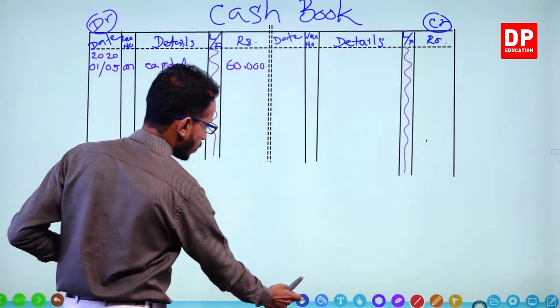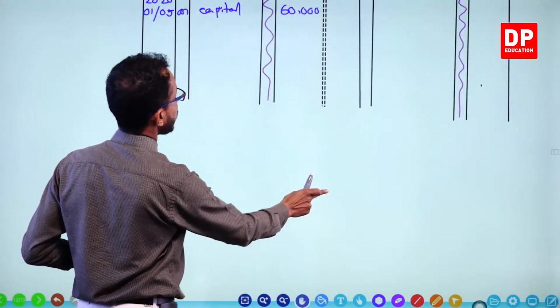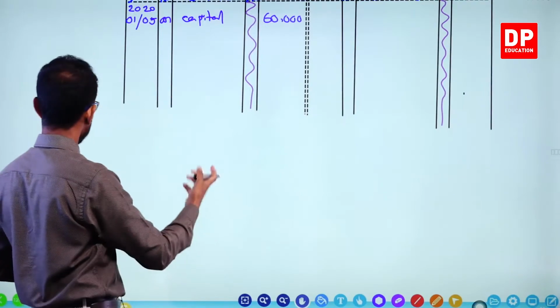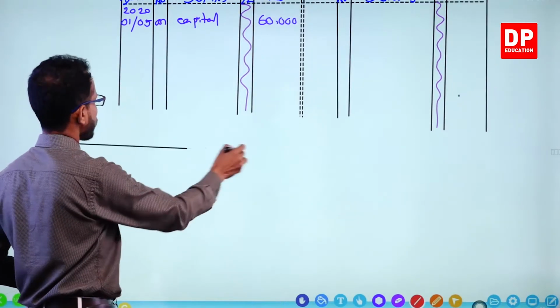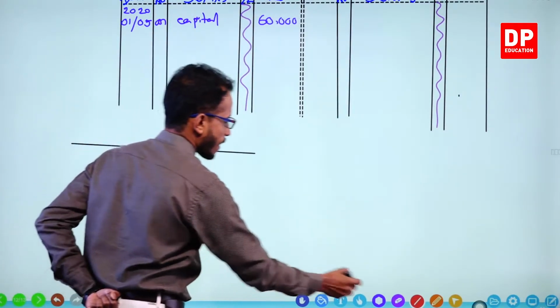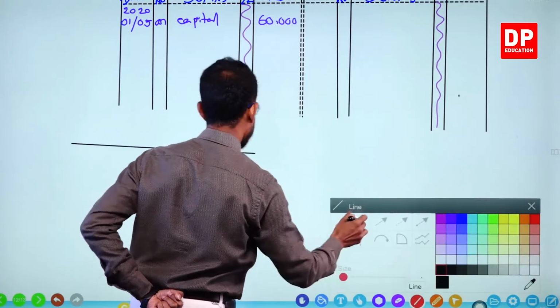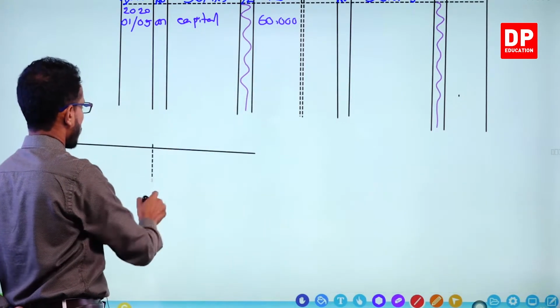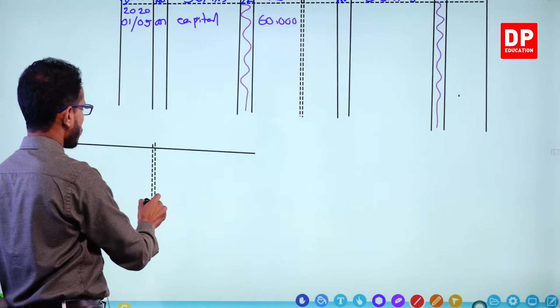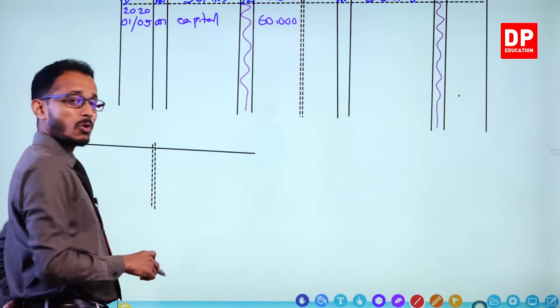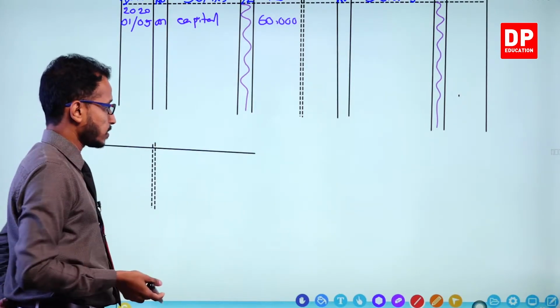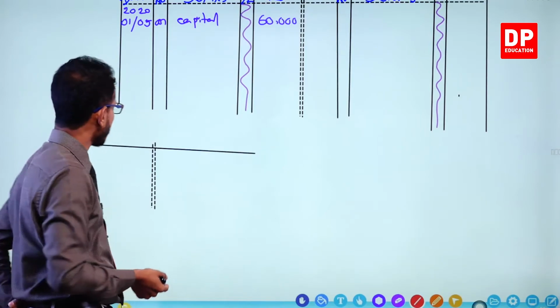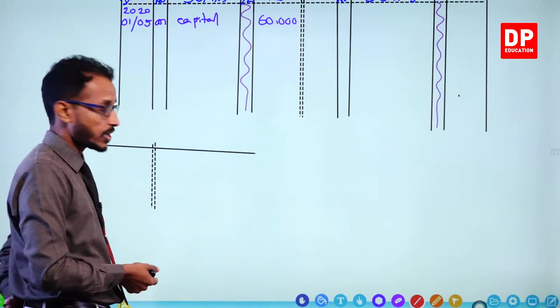And we are going to draw the other account, which is the capital account, somewhere over here. This is the capital account, children. Small accounts, I'm just drawing just to complete this exercise. Only the T format, okay?